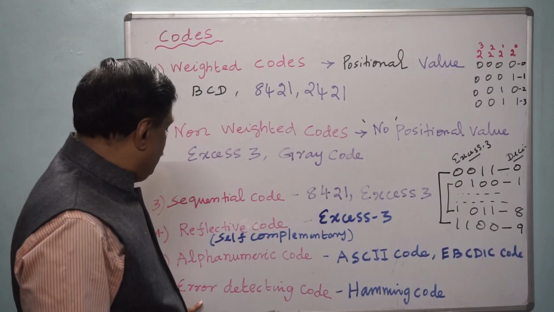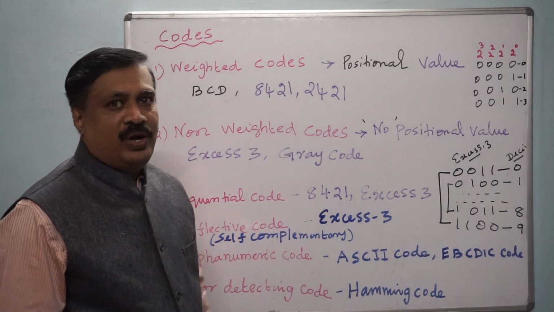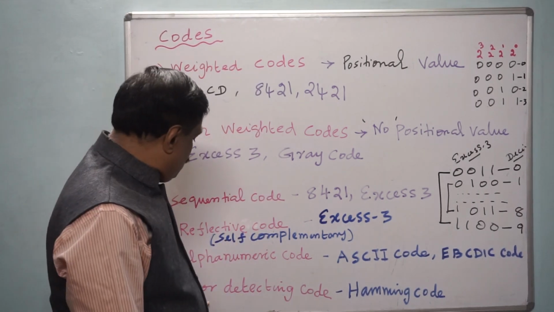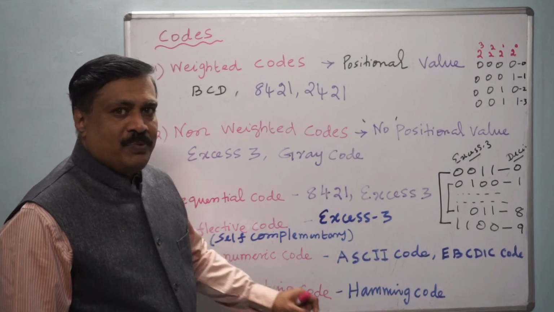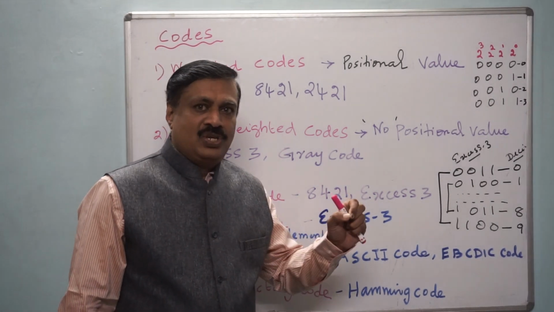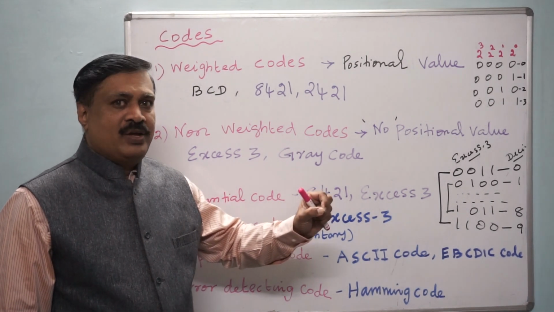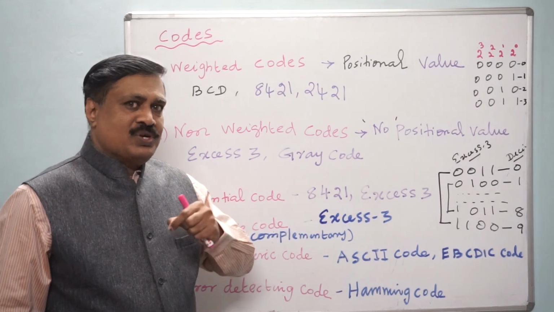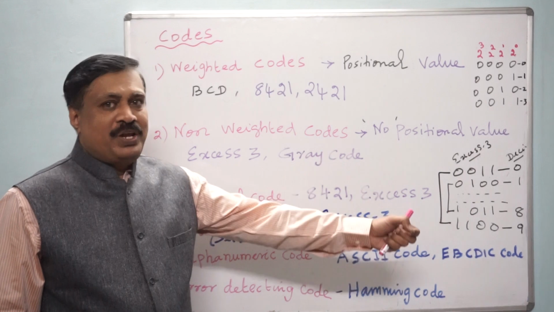And the next one, error detecting code and error correction code also. Hamming code is the best example for this. What is meant by error detecting code? That means you are sending some message or coded message through some cable or wire. At the transmission end you are sending some message, and at the receiving end the same message should be received.